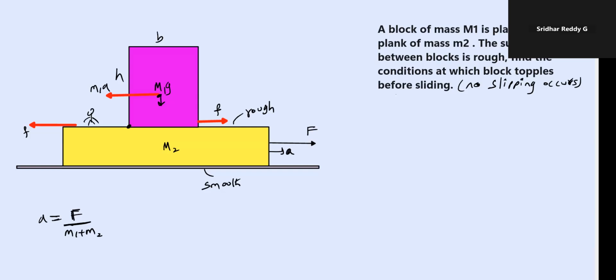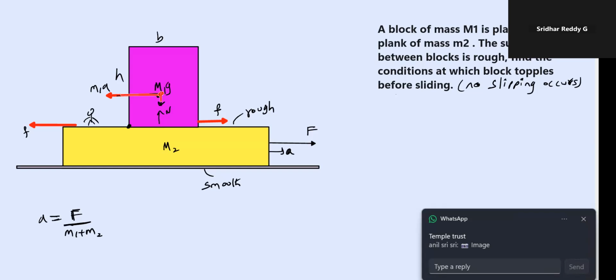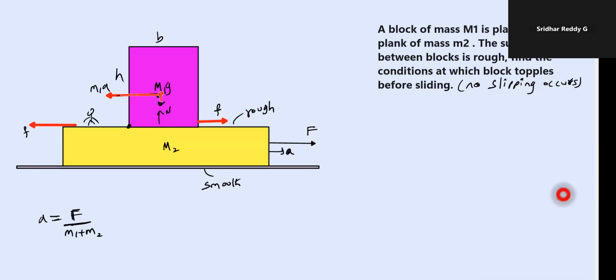About the center of mass, we'll check the torque. The pseudo force, the weight, and the normal reaction will intersect the axis of rotation.